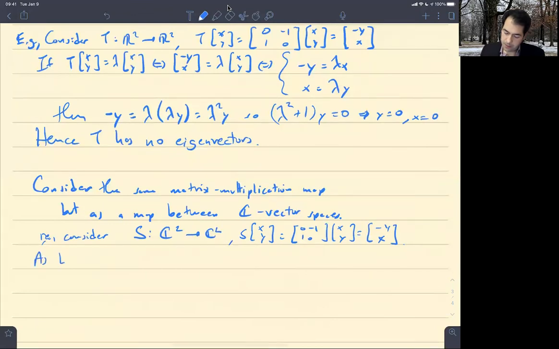So as before, if S of (x, y) is equal to lambda (x, y), then lambda squared plus 1 times y is equal to 0.